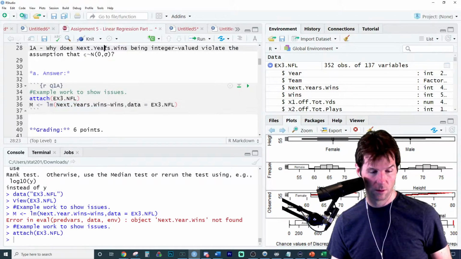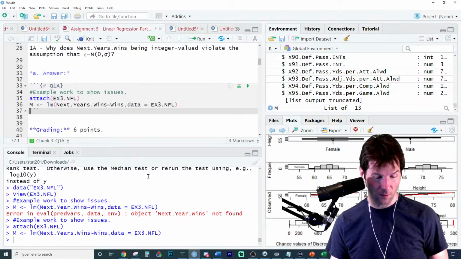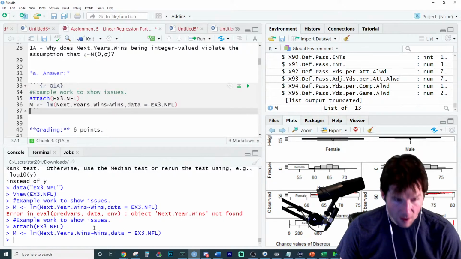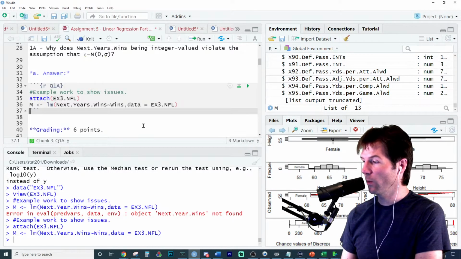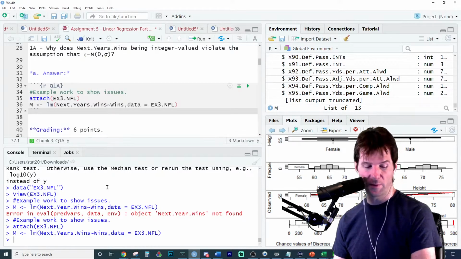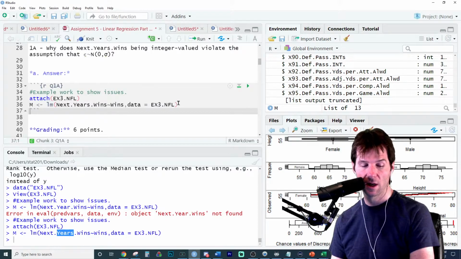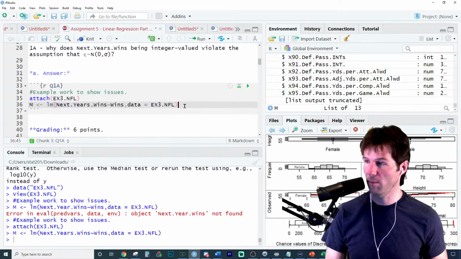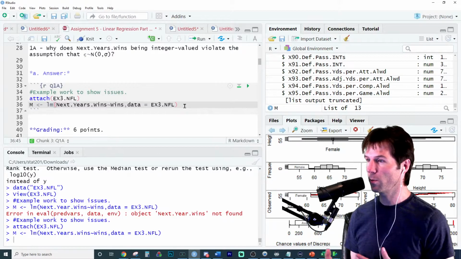Oh, I did next year wins, not next year's wins. There is an S on that, and I missed it the first time I typed it, and that's why it said not found. It's years. Typos, problems. Attach attaches all the vectors to the global environment so I can use them with the autocomplete.